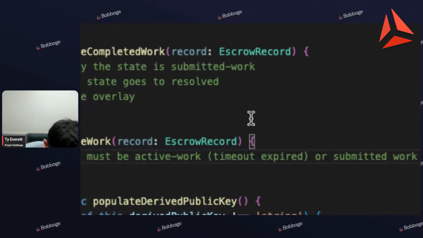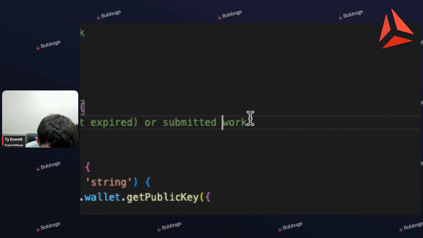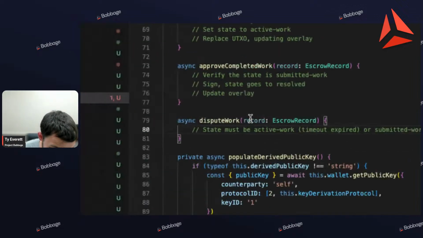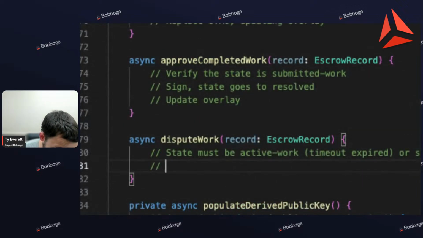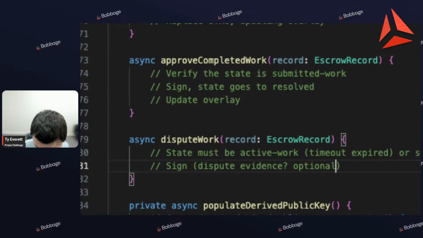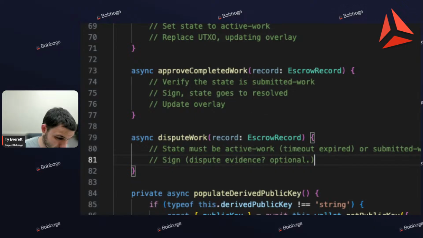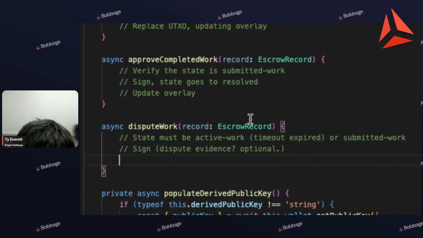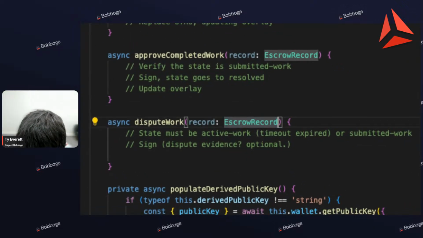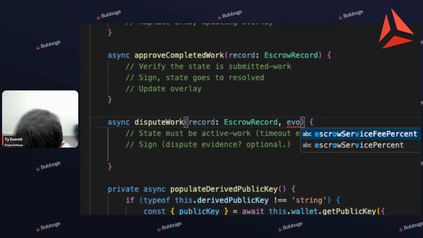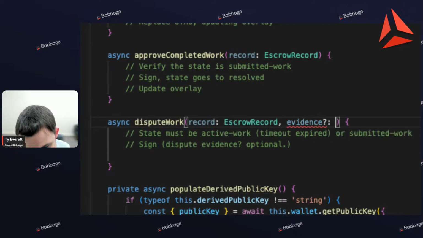Okay. Is there going to be dispute evidence? Well, maybe, who knows? That can be done off chain.